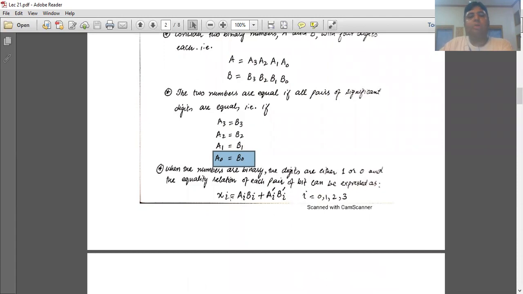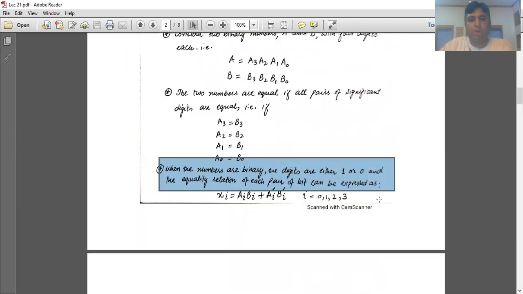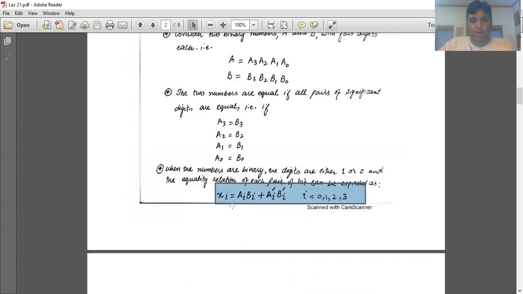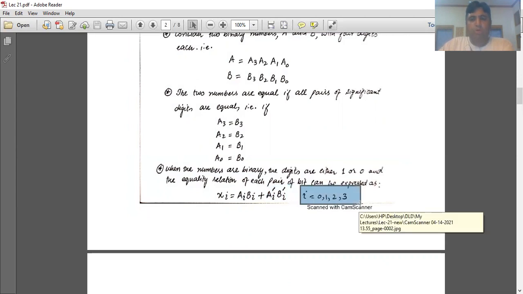When numbers are binary, the digits are either 1 or 0, and the equality relation of each pair of bits can be expressed like this: x_i equals A_i B_i or A_i' B_i', where i is 0, 1, 2, 3.